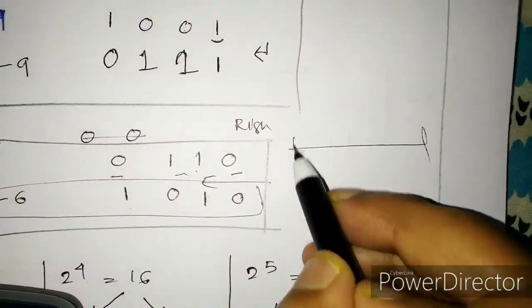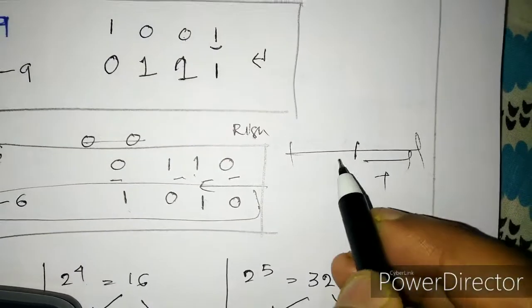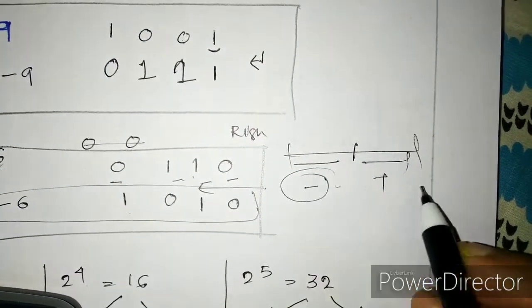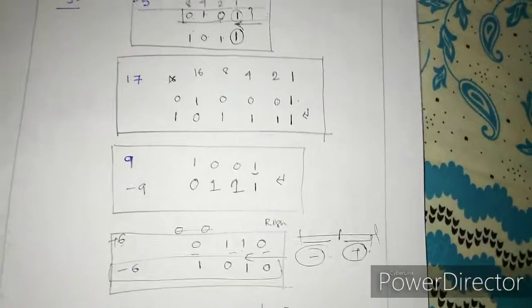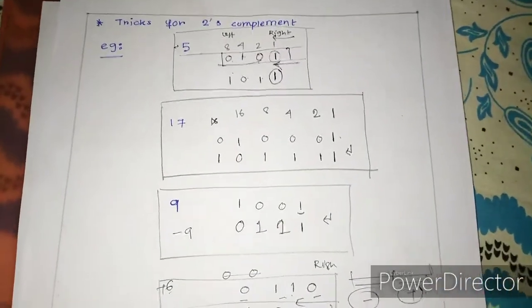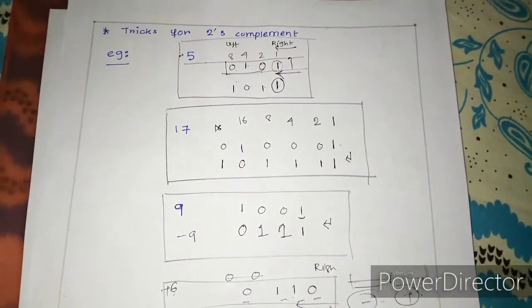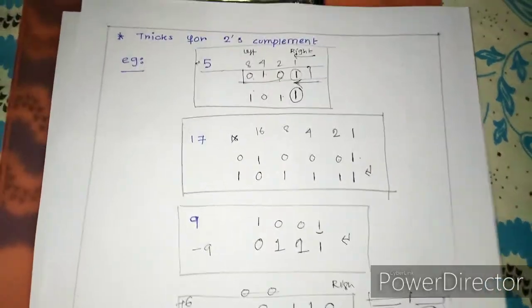So if we have fixed a range, half of them will be positive and half will be negative. So I think now you're clear that if we have to represent any negative number, we will always follow the 2's complement method.